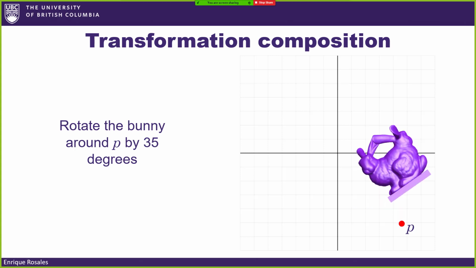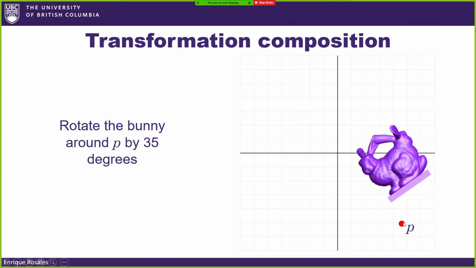Because rotation matrices always have the same origin. Rotation always keeps the center fixed. That is why they are linear transformations. Remember, that is part of the formal definition of a linear transformation, which always leaves the origin fixed.